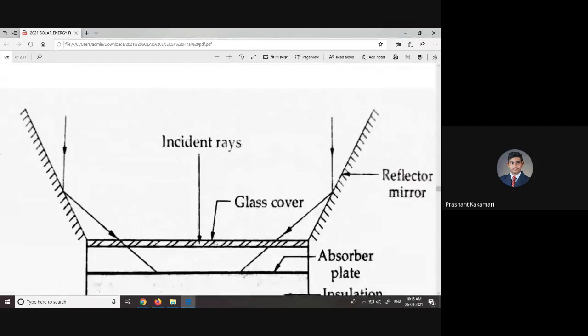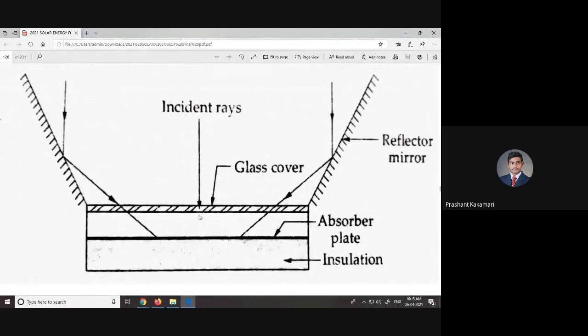Here, a simple flat plate collector is kept with or without slope, and then here you can see a number of glass covers or glass reflectors. Sorry, not covers. Glass reflectors are kept on all the four sides, or if it is a sloped flat plate collector, you can keep these glass reflectors as mirrors on the ground also, or at different buildings you can locate them, and those reflected radiations can be absorbed by the absorber plate.